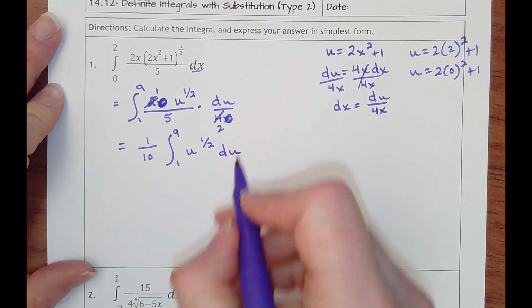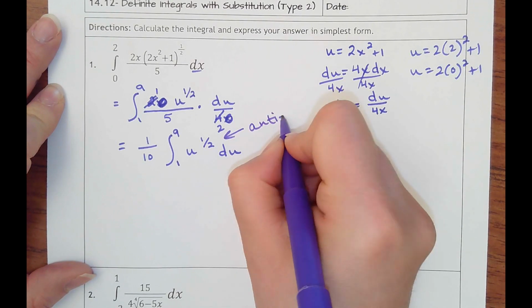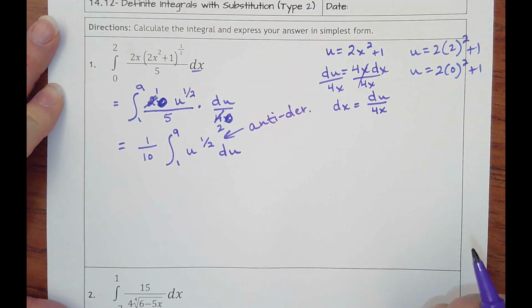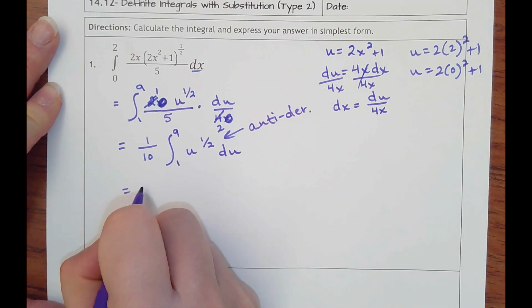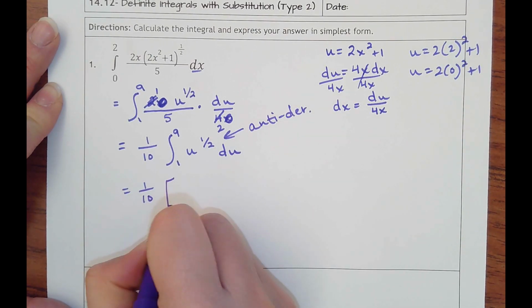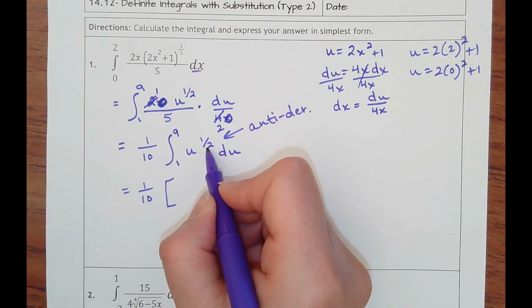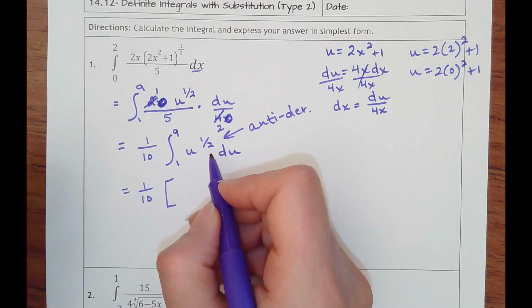Okay, this is the step where now I'm ready to actually perform this, which means take the antiderivative of it. So I'll have my 1/10 times, I'll do brackets here. Remember, we're adding 1 to the power. So if I were to add a whole to a half, that's 3 halves.